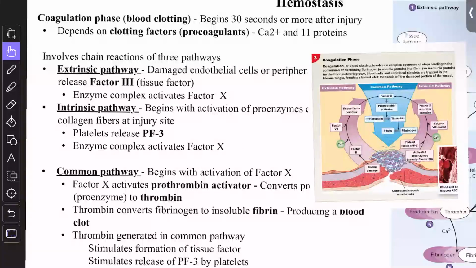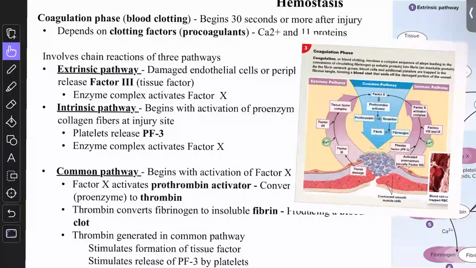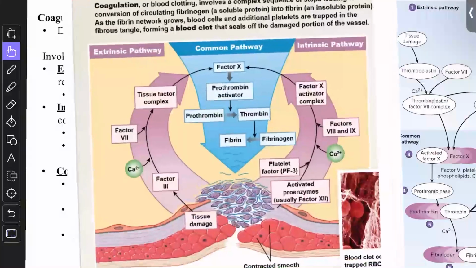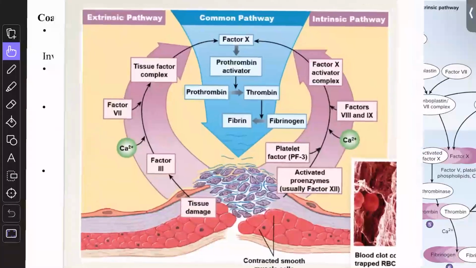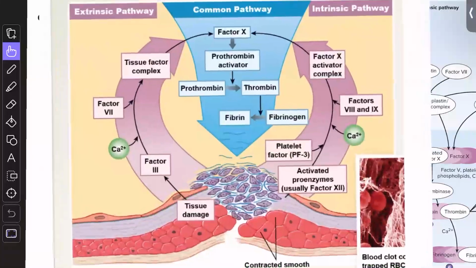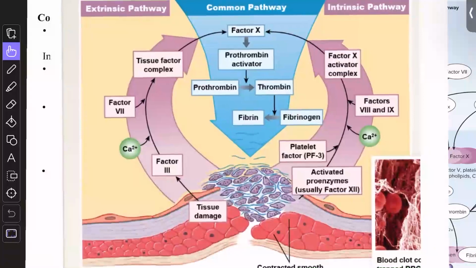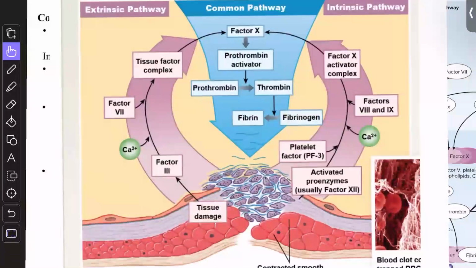Okay, so coagulation involves 3 pathways that all work together to generate a blood clot. Okay, and all of the words are here, and you can look at the words. We can talk about them later, but I want to look at this image, okay? Because this image really does a nice job of laying this process out.